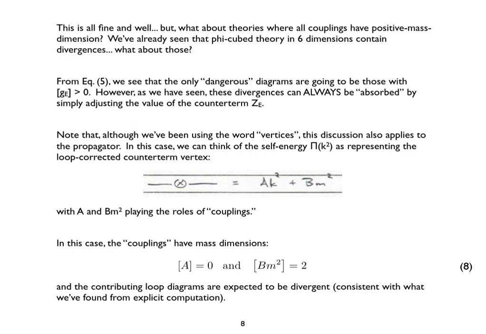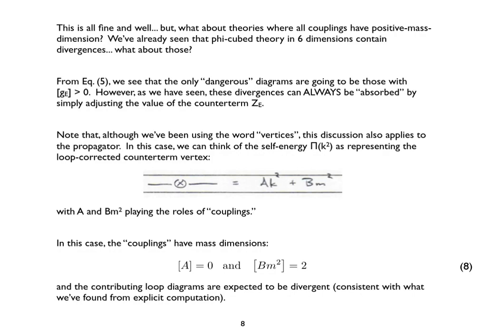What about those cases? Well, we've already seen a prime example in our phi-cubed theory that even those theories have divergences. The difference is that we can always write down counter terms that obey any symmetries of the theory, whether continuous or discrete, that we can dial to basically cancel off any of the divergences that we hit along the way when we're computing loops.